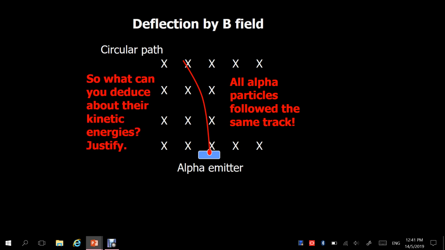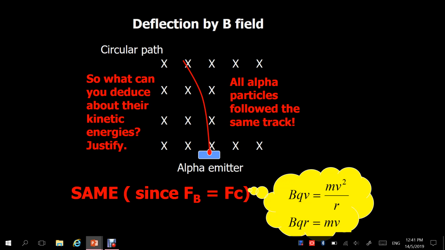So what can you deduce about the kinetic energies of the emitted alpha particle? And what can you say about the velocity of this alpha particle? Well, we can say they're the same. Why? Because in this case, the magnetic force provides the centripetal force. If you recall the equation for magnetic force, which is BQV, V is the velocity of the alpha particle, Q is the charge, B is the B field.